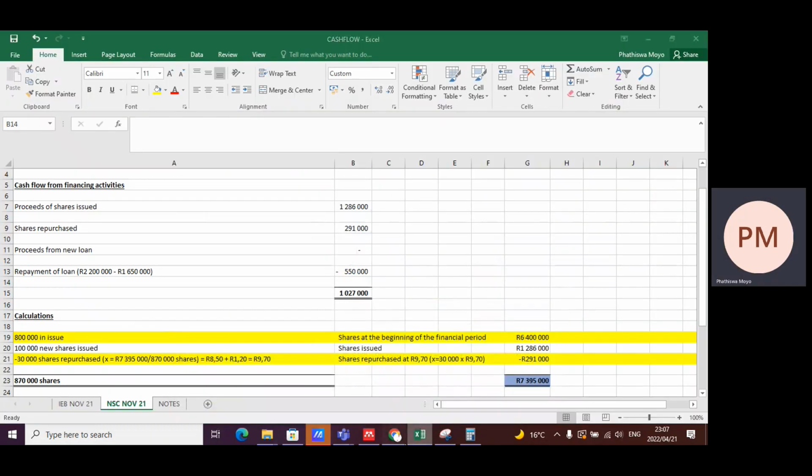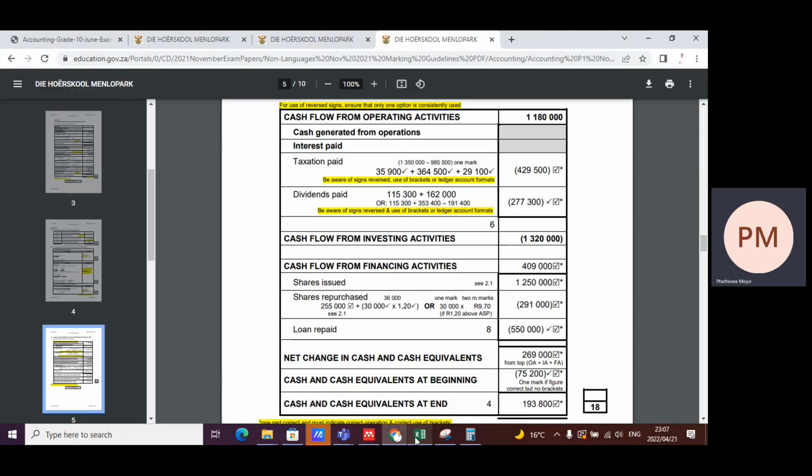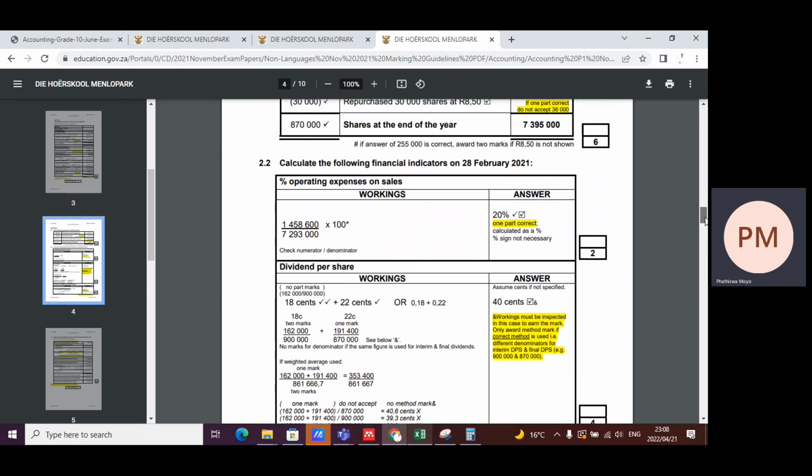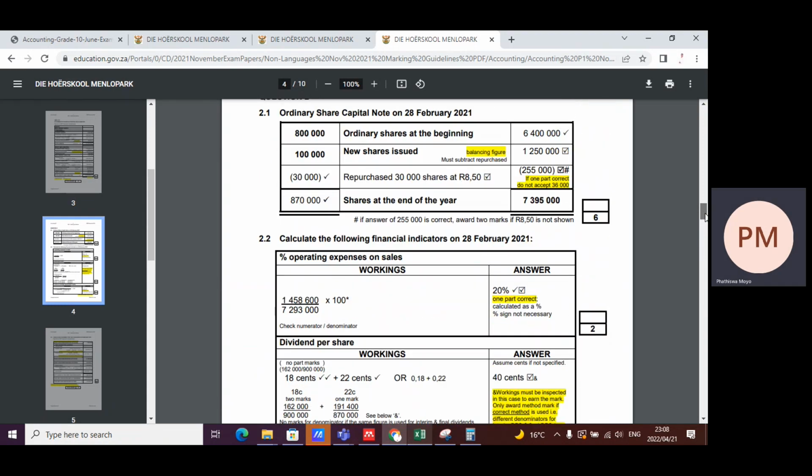Okay, let's see. Our 550 is correct. Our 291 is correct. So our 1250 is not correct. So let's see, where would I have missed the mark?